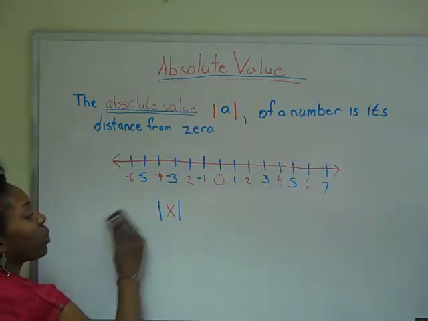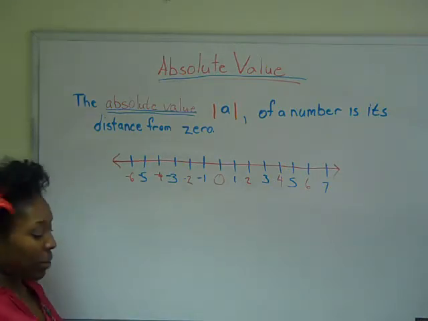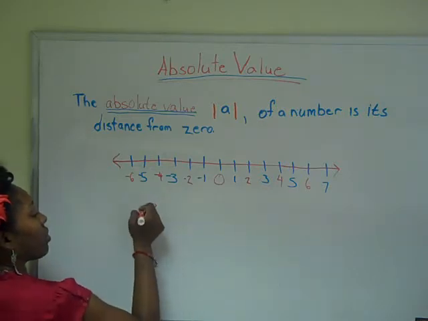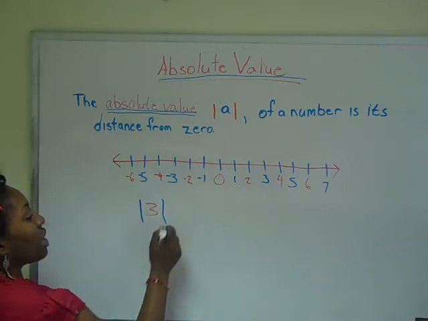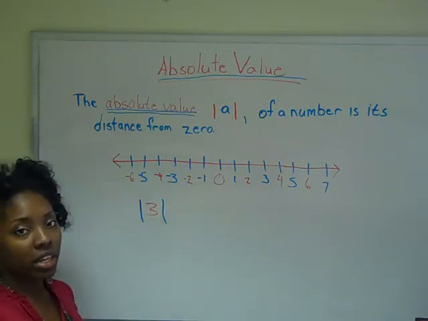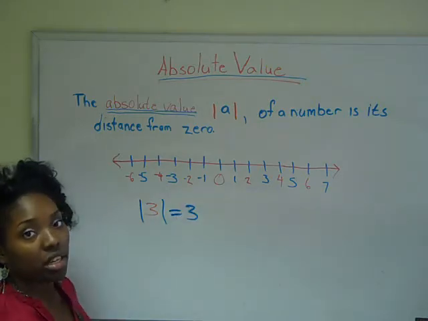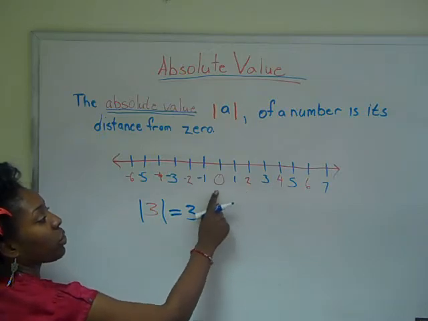So say we wanted to find the absolute value of 3. The absolute value of 3 is 3 because the distance from 0 is 1, 2, 3.